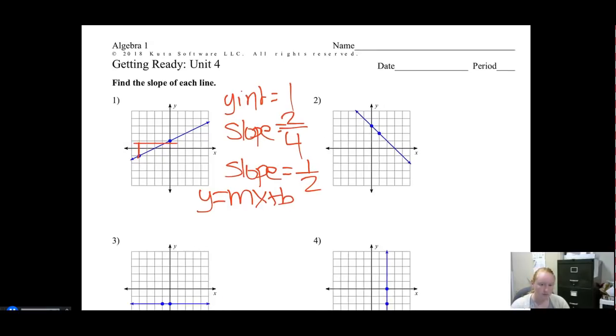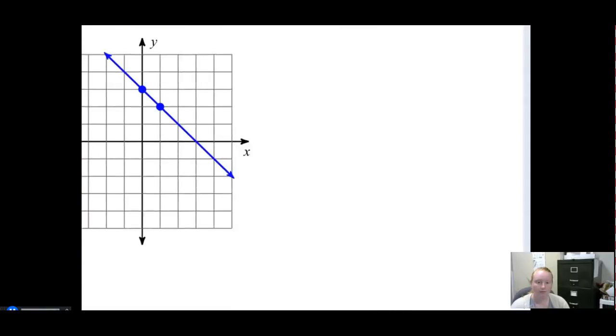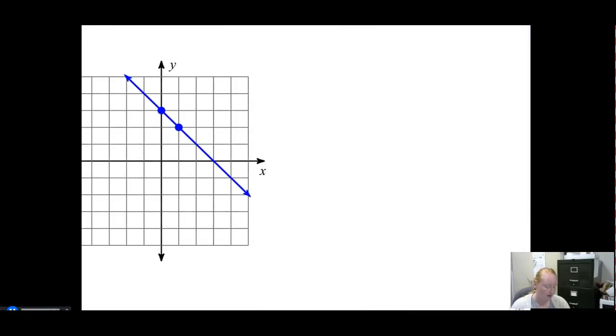Number 2. I'm going to find the y-intercept. This is my starting point on the graph. A y-intercept can be found by going ahead and highlighting that y-axis and seeing where they intersect each other. This point right here is my y-intercept.